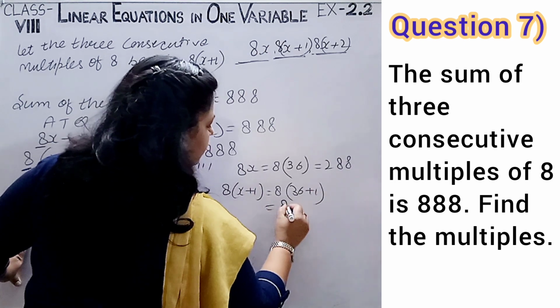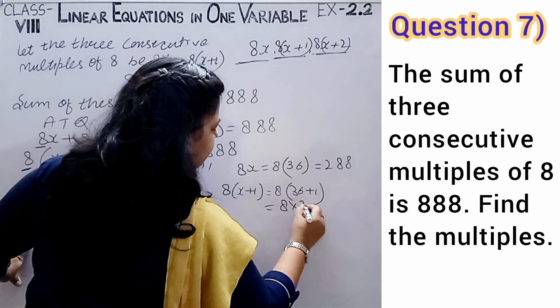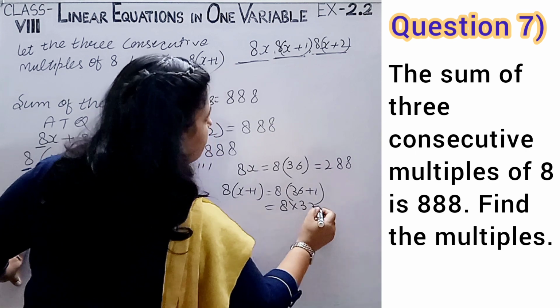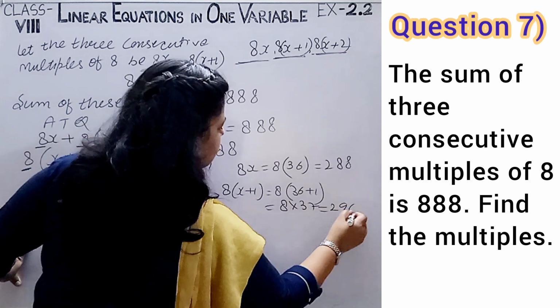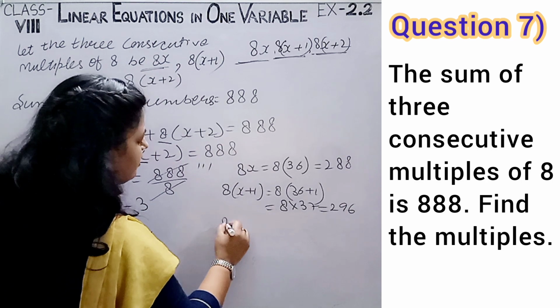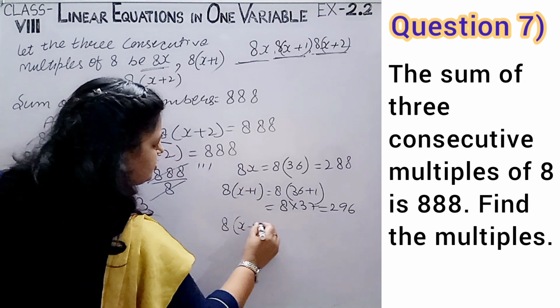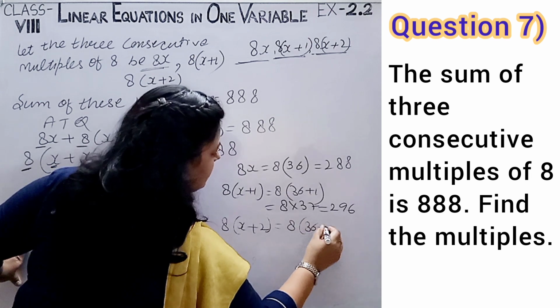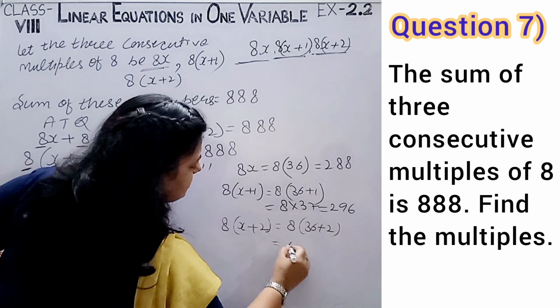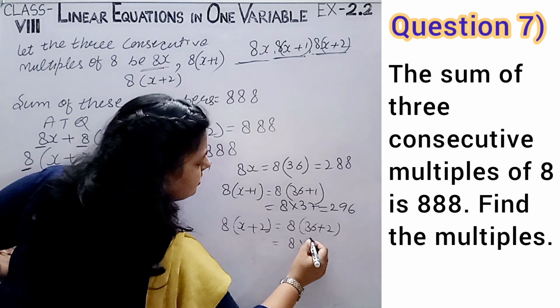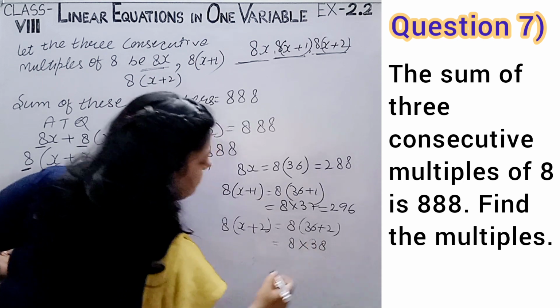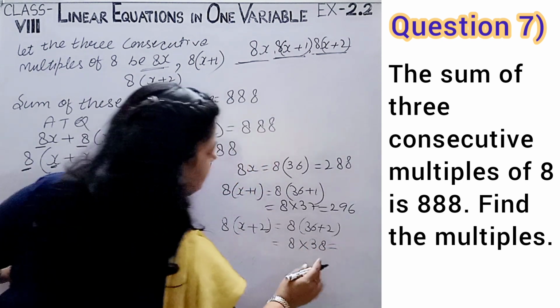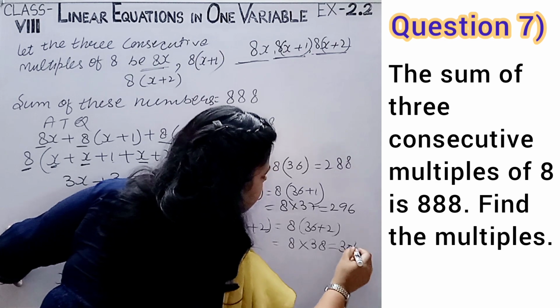After calculation, 37 multiplied with 8 is 296. Third multiple of 8 is 8 times x plus 2, 36 plus 2. Now 8 multiplied with 38, and after calculation we get 304.